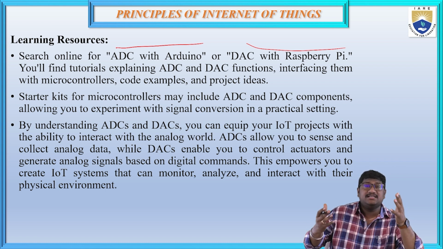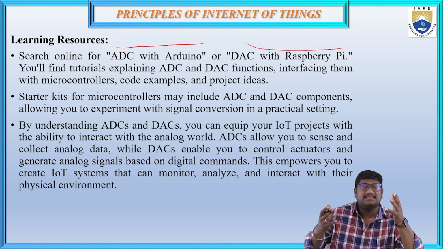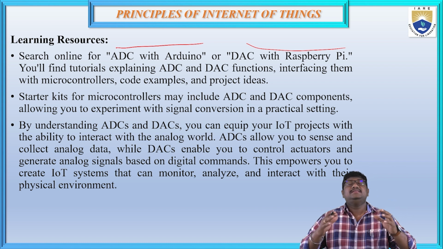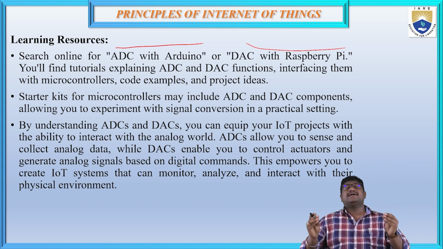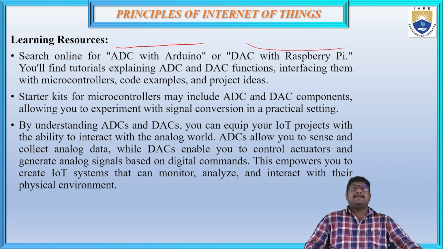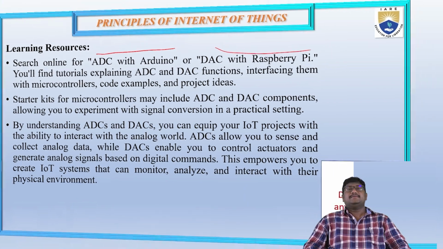The analog to digital converter allows you to sense and collect analog data, and the DAC enables you to control actuators and generate analog signals from digital commands. This is going to empower you to create IoT systems which can monitor, analyze, and interact with the physical environment. This was the beauty of sensors and control.